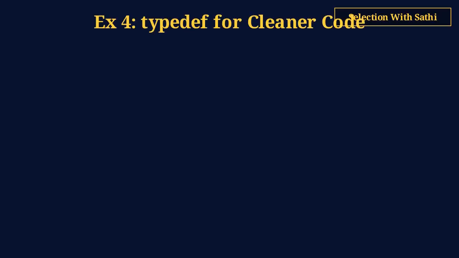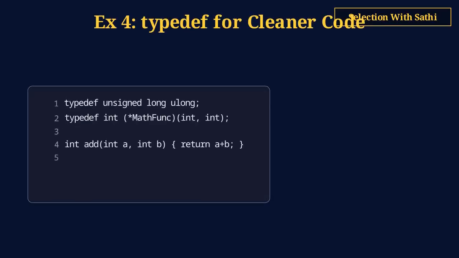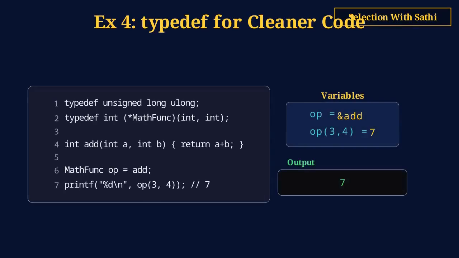Fourth example, typedef for cleaner code. Without typedef, declaring a struct variable requires writing struct student s every time. With typedef struct student, you can just write student s. Even cleaner, typedef struct with members inside braces, then student as the alias, all in one step.